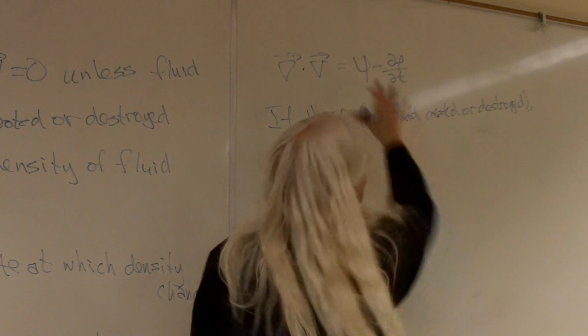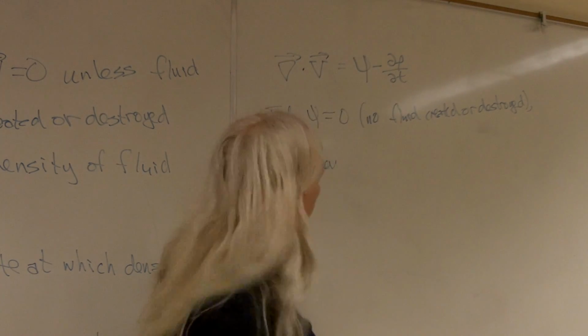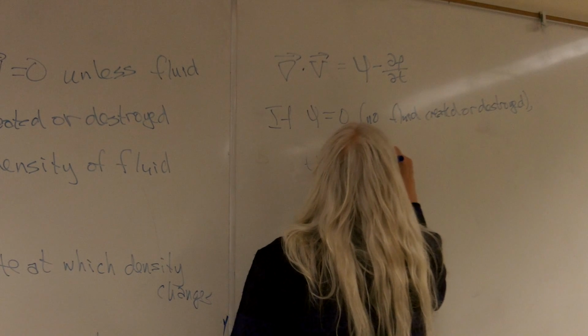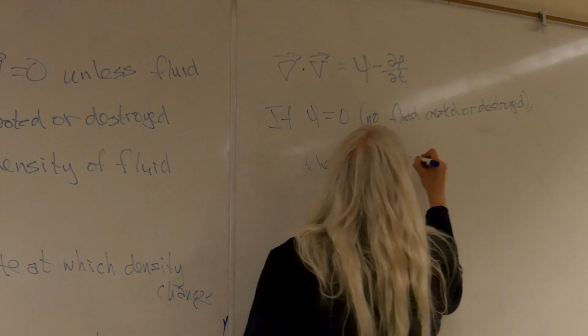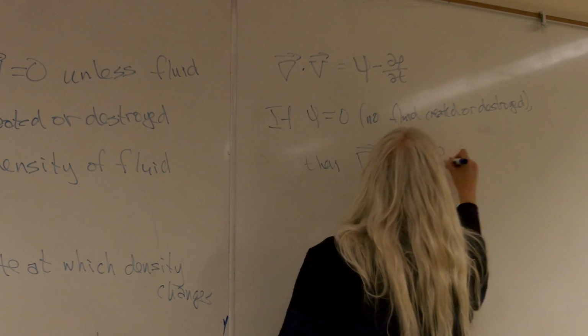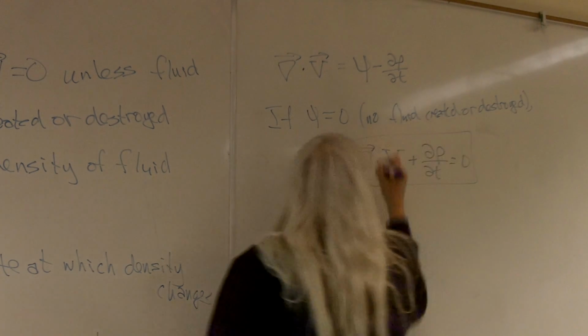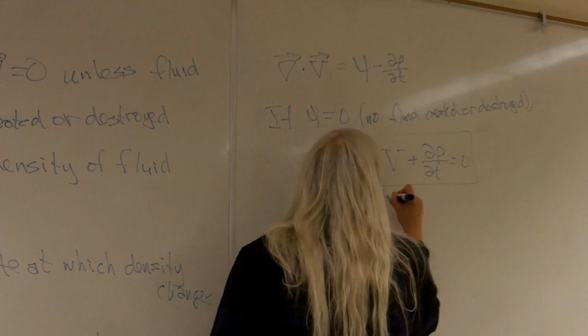Then, of course, this term is gone from this equation, and we can add the d rho dt to both sides. So then this equation tells us the divergence of V plus d rho dt is equal to 0. And this is something called the continuity equation.